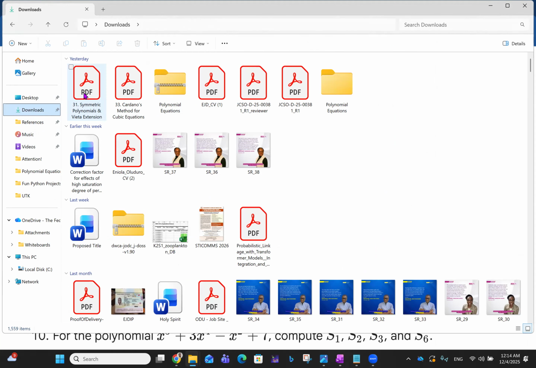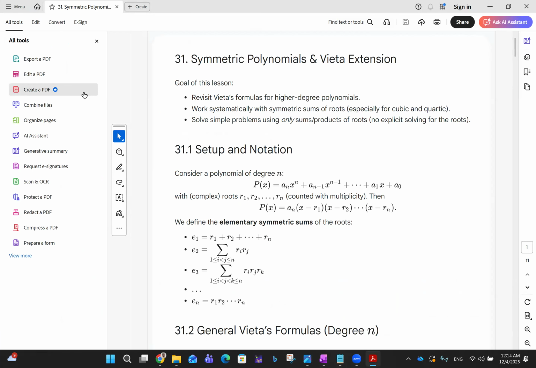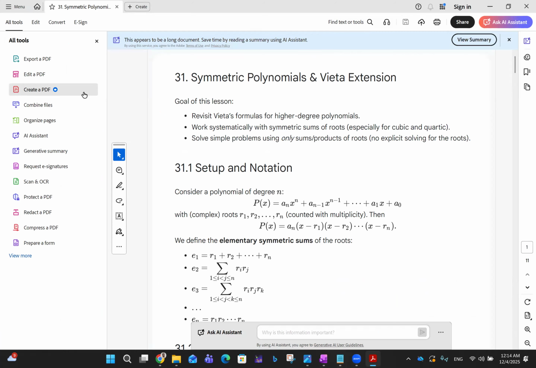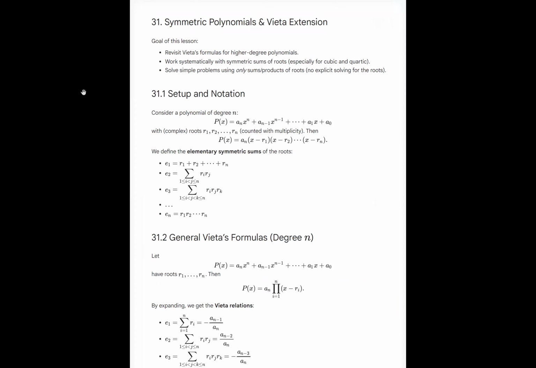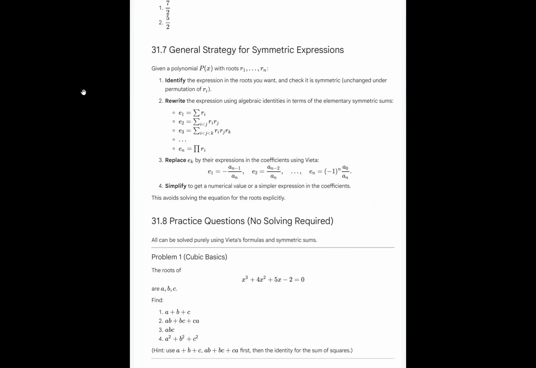The last video I made was on symmetric polynomials, and one of those polynomials is pretty popular, so let me work with that. Since we know the roots to be 1, 2, 3, that can be really helpful. I think it was question 1 here. Yes, this one. At least we are sure the roots are 1, 2, and 3, so it's easy to work with.